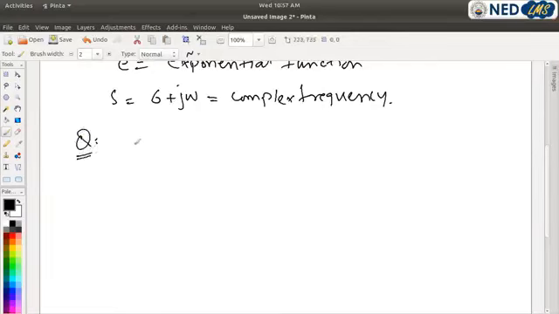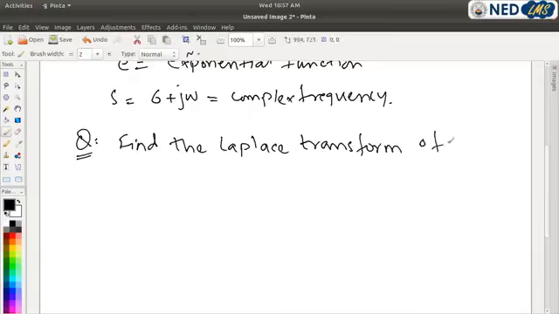Question is: find the Laplace transform of f of t equals e to the power minus at times u of t. This u of t represents the step input.